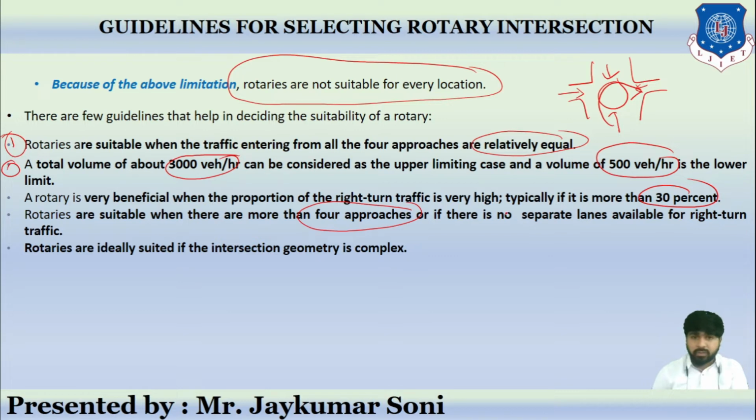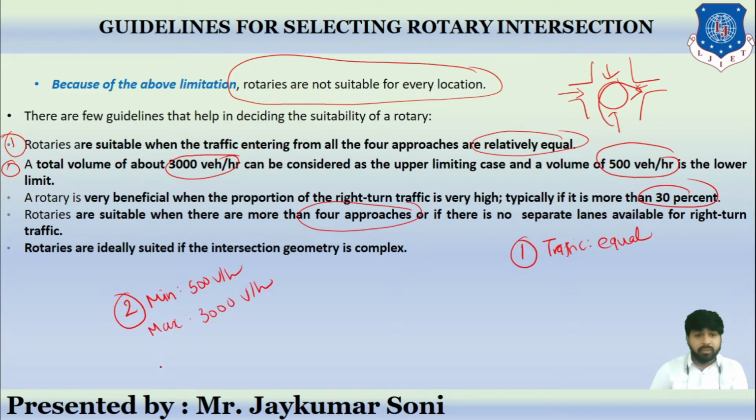So what we have learned first is that the traffic should be equal. Then the minimum criterion is 500 vehicles per hour and the maximum upper limit is 3000 vehicles per hour. Then we learned that the right turn movement plays an important role.